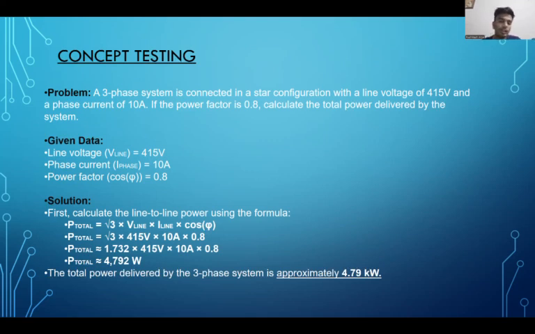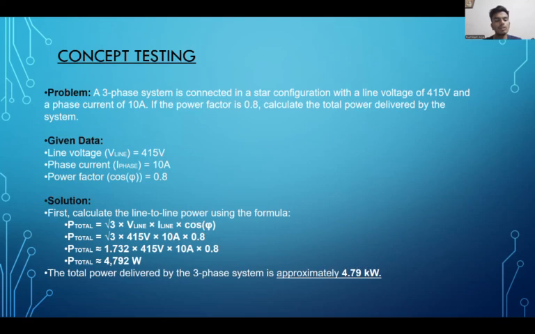Now, to calculate the power, we use the formula: total power is equal to root 3 times line voltage times line current times cos phi, which is also known as the power factor. As we know, phase current is equal to line current in the star configuration, which we are going to use to solve the problem.